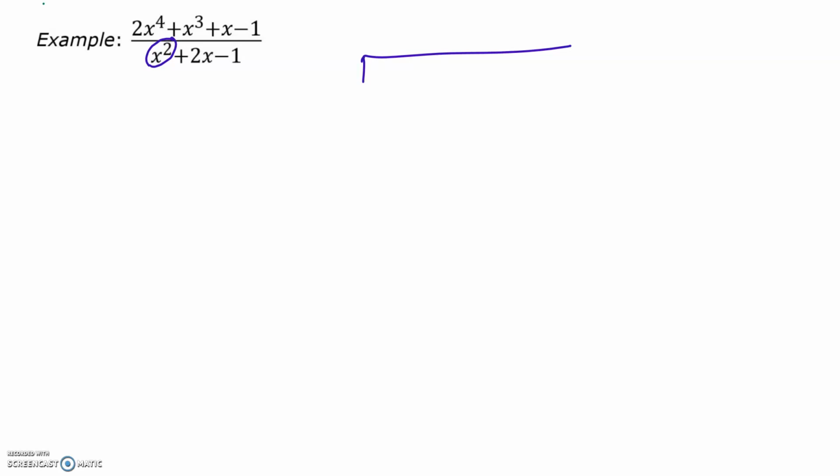Our dividend is on the inside, so x to the 4th plus x cubed plus x minus 1. But look out, we're missing an x squared. So we need to back it up and put a placeholder in for x squared, because it's not there, minus 1.